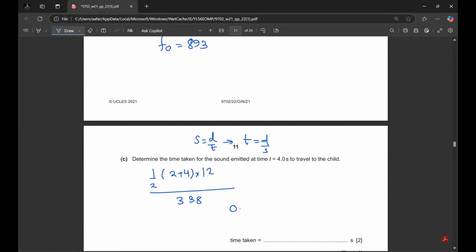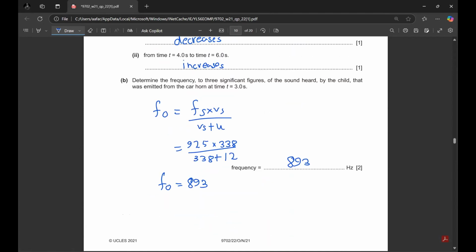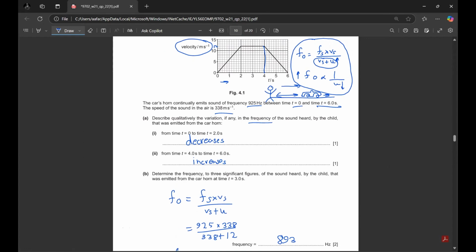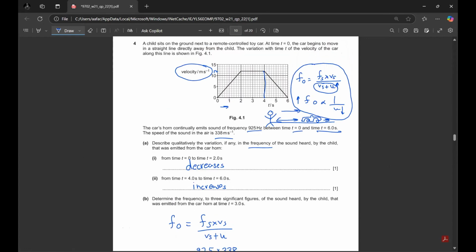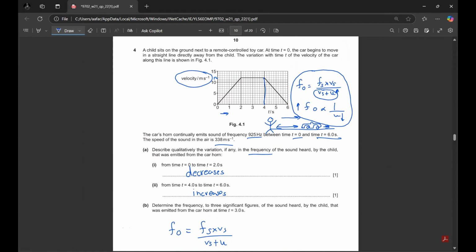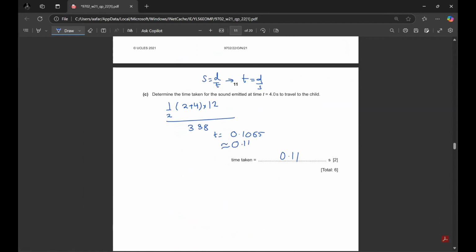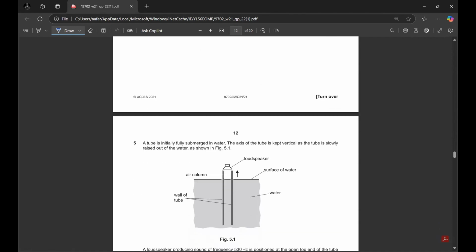We had 0.1065, which is approximately 0.11. Since they've given us the values in two significant figures, mostly, like the minimum for the time, we're going to use two significant figures for this question.